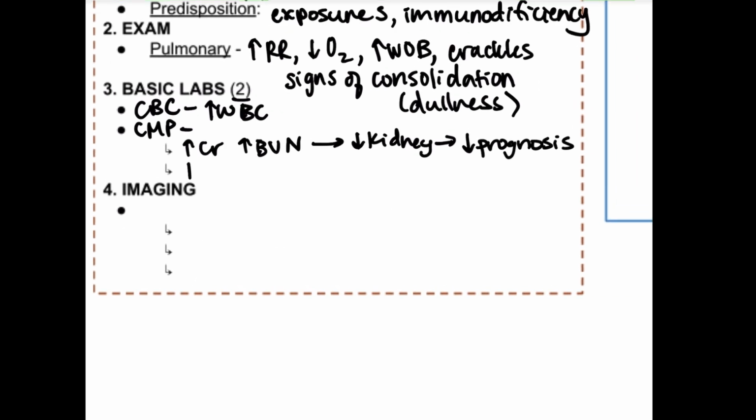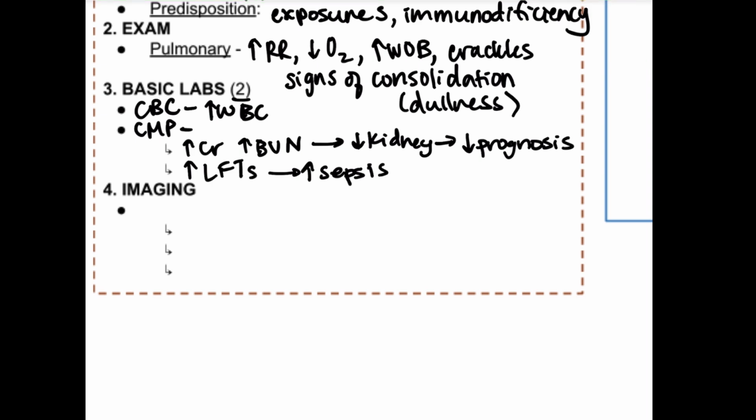Also, if LFTs are elevated, and there's some transaminase elevations, then we could be more suspicious for a septic picture, which would also make us more likely to admit this patient. And we have a separate talk talking more about sepsis, so I will leave it at that.